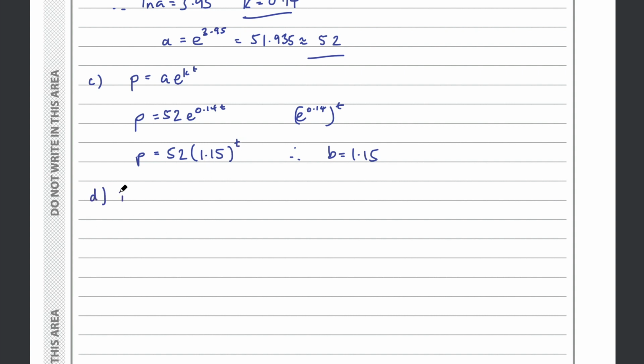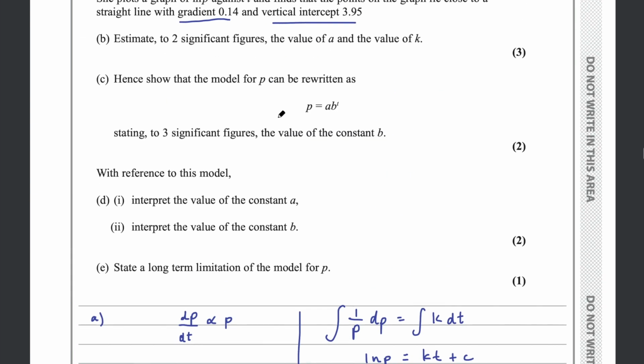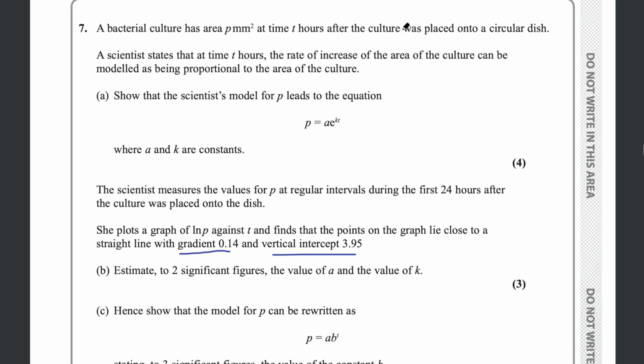So for part D, the value of a, well, if t was equal to 0, then P would equal 52, right? 1.15 to the power of 0 would just be 1. So a then is going to be the initial area of the bacteria. What did they call it again? They called it the culture. So this was the initial area of the bacterial culture.